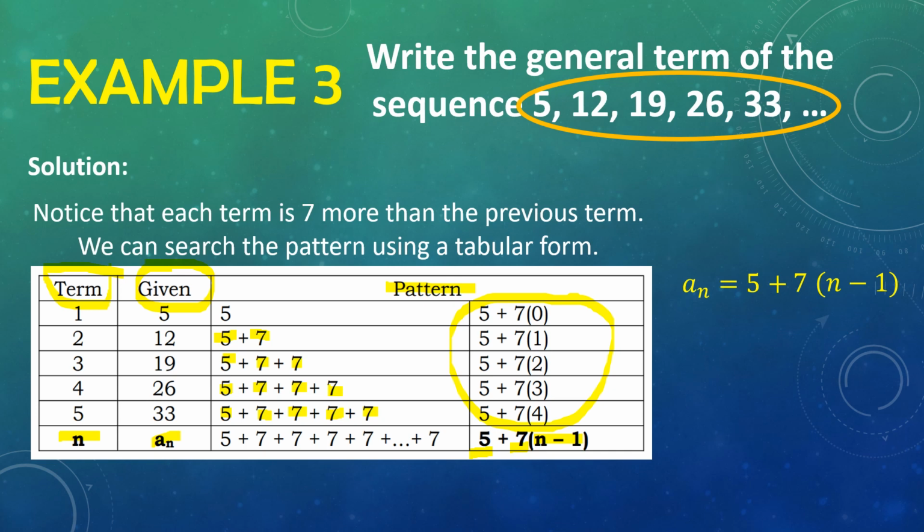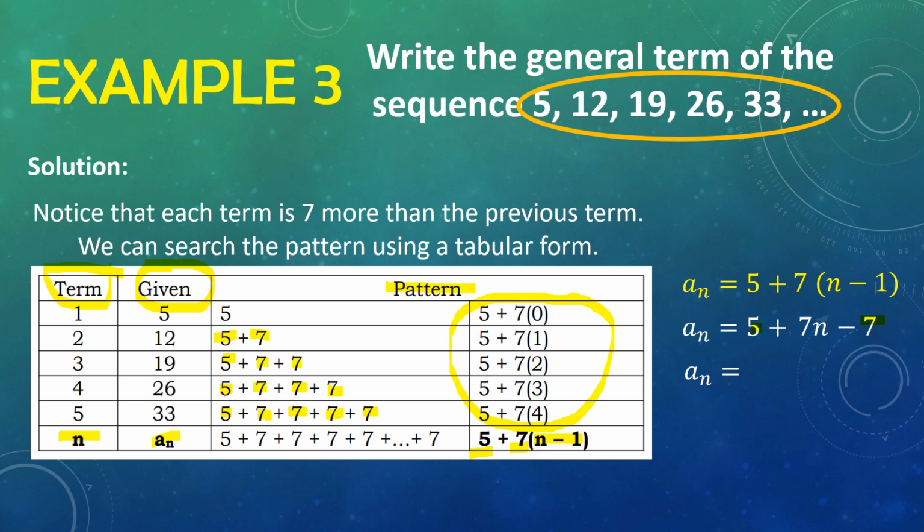But this is not yet our final term or general term. Why? Because we still need to simplify. So a sub n is equal to copy 5 plus distribute 7 to the quantity n minus 1. So 7n minus 7. Now, we are going to add the similar terms. So a sub n is equal to, similar terms are 5 and 7.